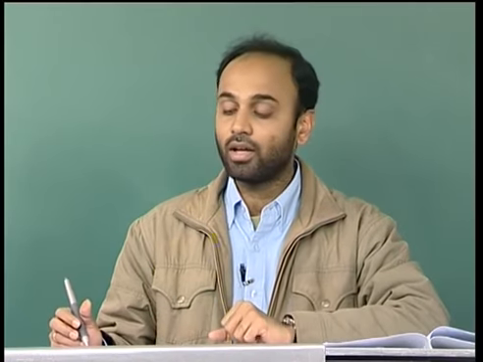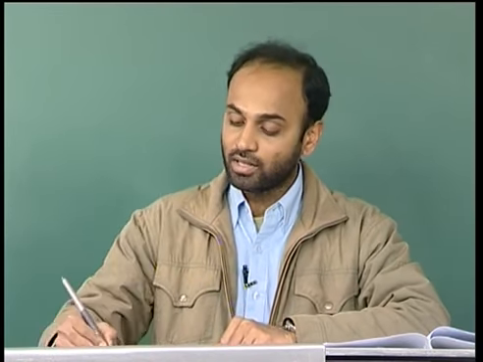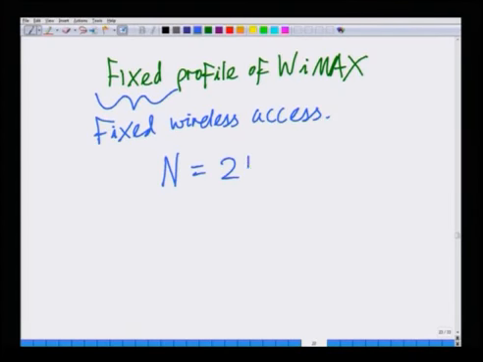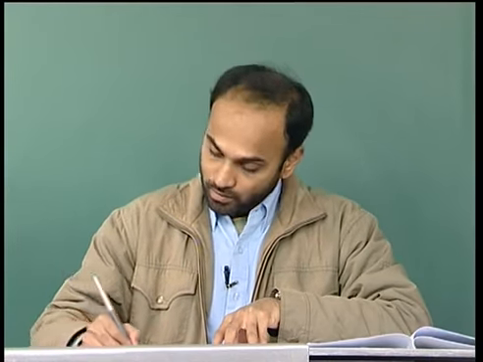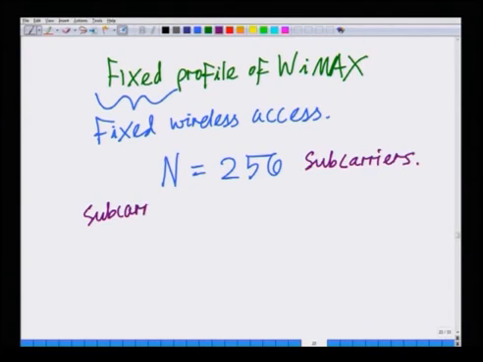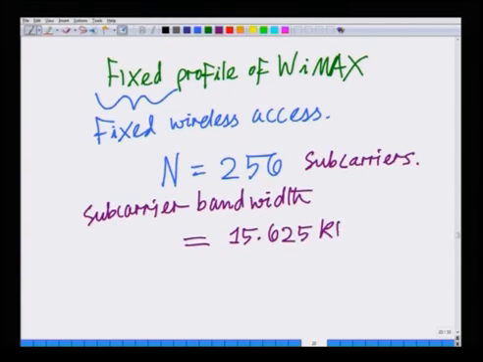These are not mobile. All right, and this profile of WiMAX has N equals 256 subcarriers. It is a 4G standard, and the subcarrier bandwidth equals 15.625 kilohertz.